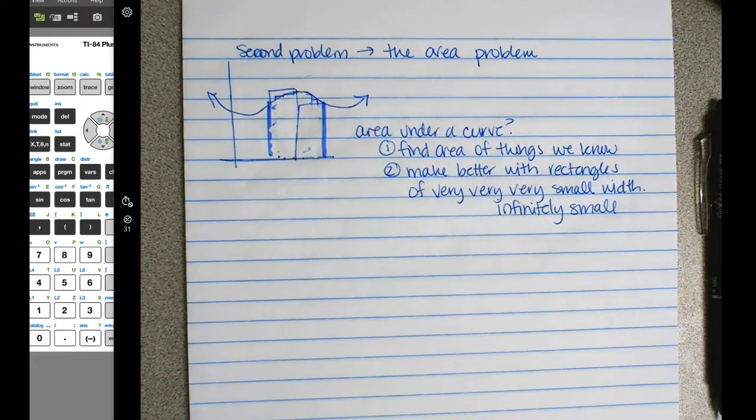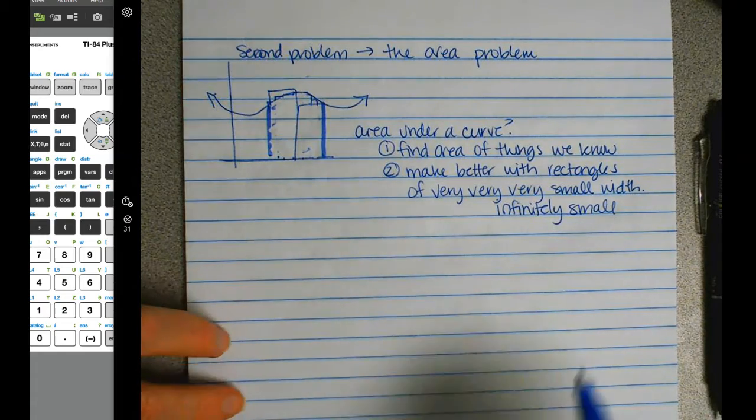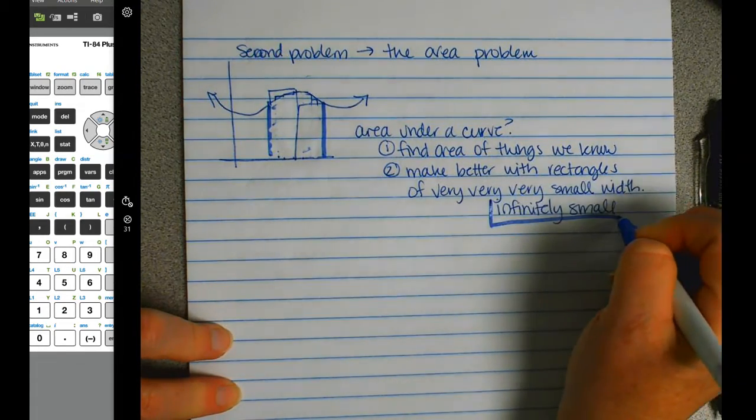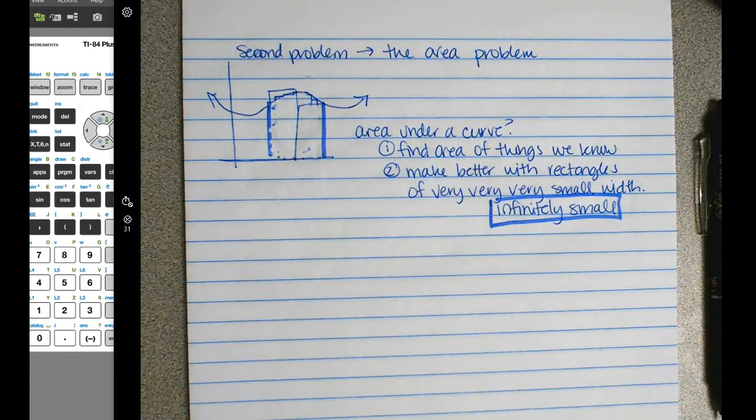They would be infinitely small. They would be so small that they're basically 0 wide. Can we calculate 0 wide? No. Are we going to approach 0 wide? Yes. Are we going to do it by hand? No.